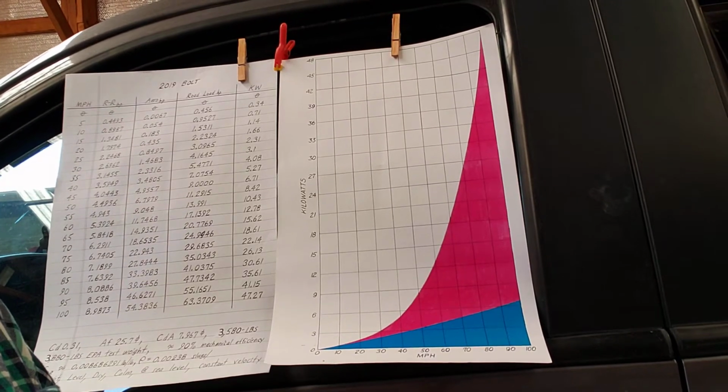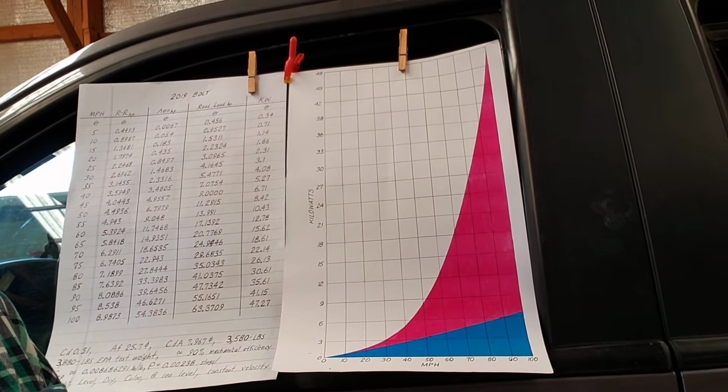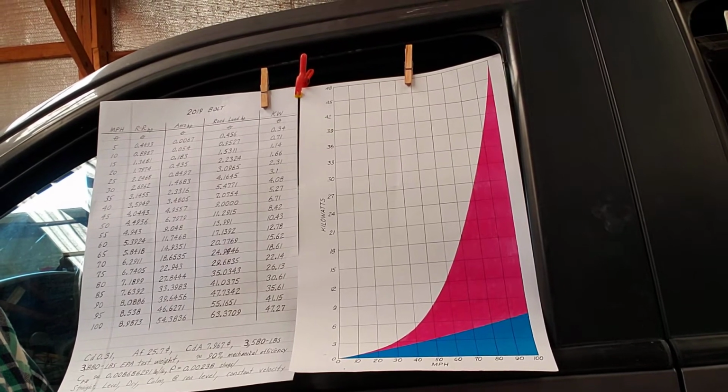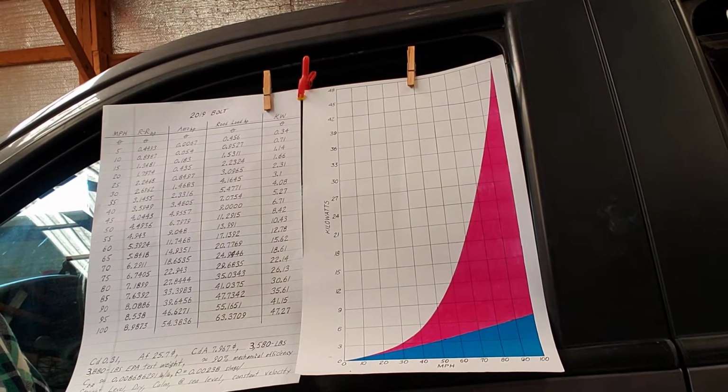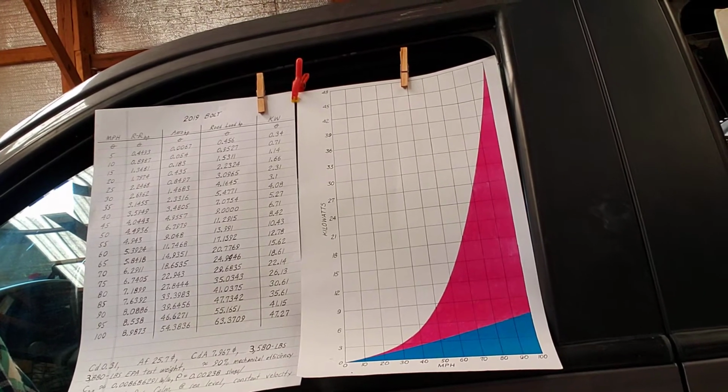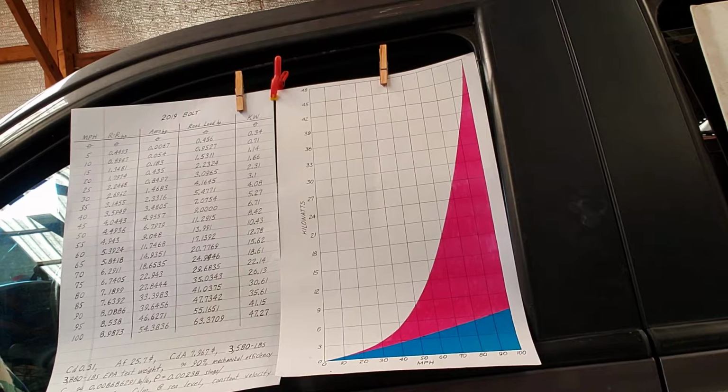the Chevrolet Bolt. The Chevrolet Bolt has a drag coefficient of 0.308 and a frontal area of 25.7 square feet. You multiply those two together and you get the coefficient of drag area.